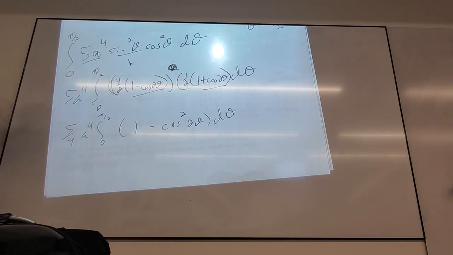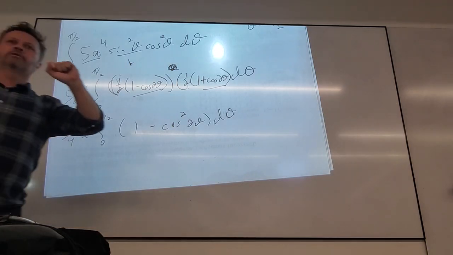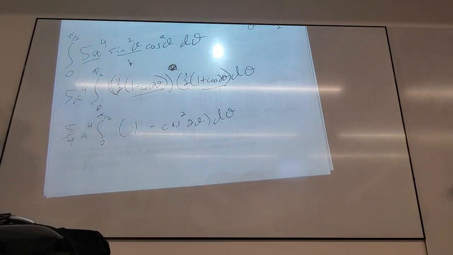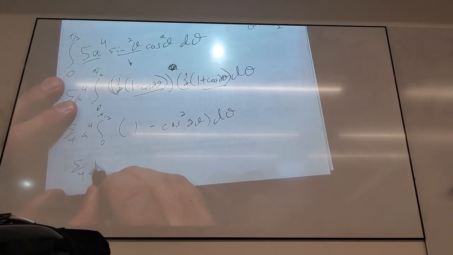Now I have a squared trig function again. Notice it is 1 minus cosine squared 2 theta, so what's 1 minus cosine squared? Sine squared. So I could do this: sine squared times cosine. Oops.